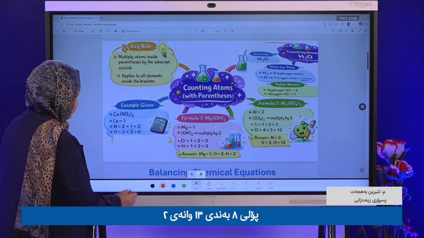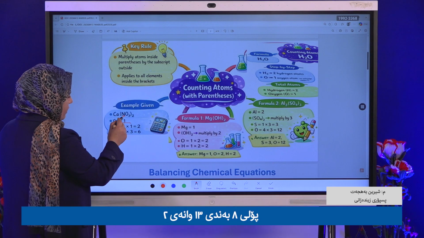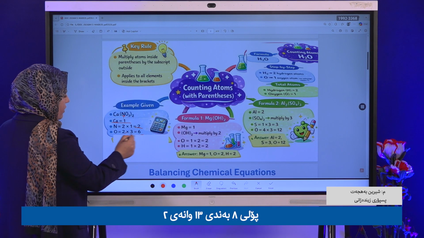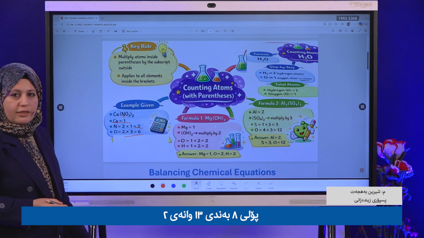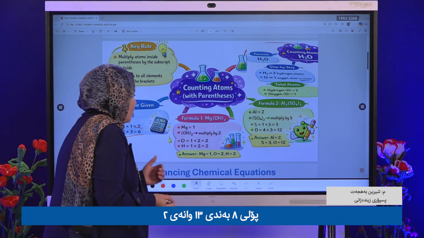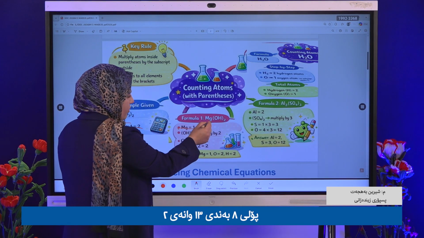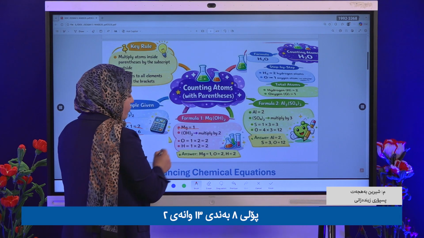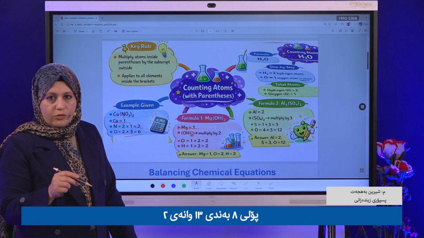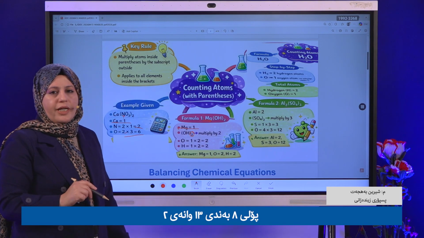Look at here. Calcium is 1. Nitrogen is 2 times 1, it's 2. Oxygen is 2 times 3, it will be 6. Clear? How do we count it if there is a bracket in the formula? For example, Mg(OH)2. Mg is 1. What about OH? The 2, which is the subscript, multiplies everything inside the bracket.